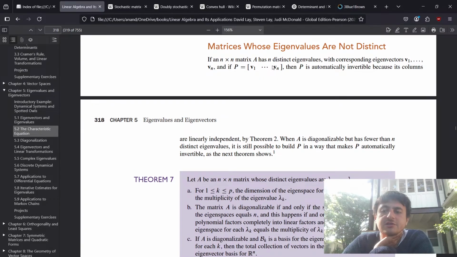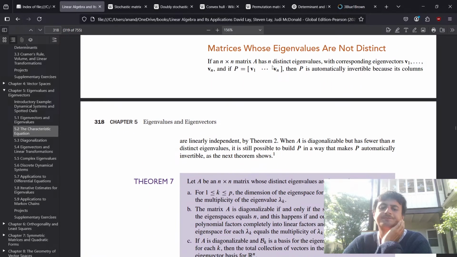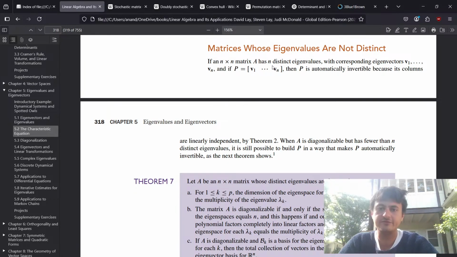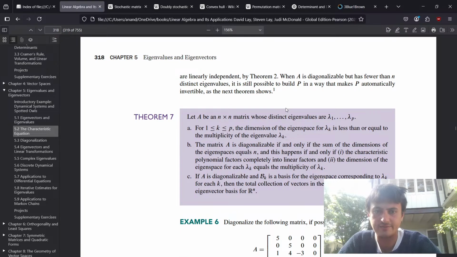Matrices whose eigenvalues are not distinct. If an n by n matrix has n distinct eigenvalues with corresponding eigenvectors v1 to vn, and P is built from them, then P is automatically invertible because its columns are linearly independent. When A is diagonalizable but has fewer than n distinct eigenvalues, it is still possible to build P in a way that makes P automatically invertible.